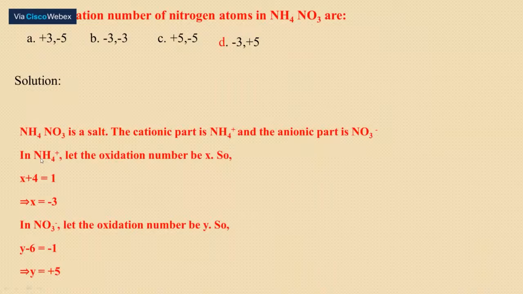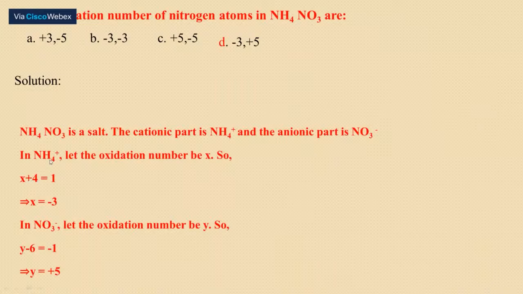Thereby, how to calculate the oxidation number of nitrogen? We know the overall charge, and we know the oxidation number of hydrogen, which is always +1. So you take the oxidation number of nitrogen in NH4 plus as x, plus 4.